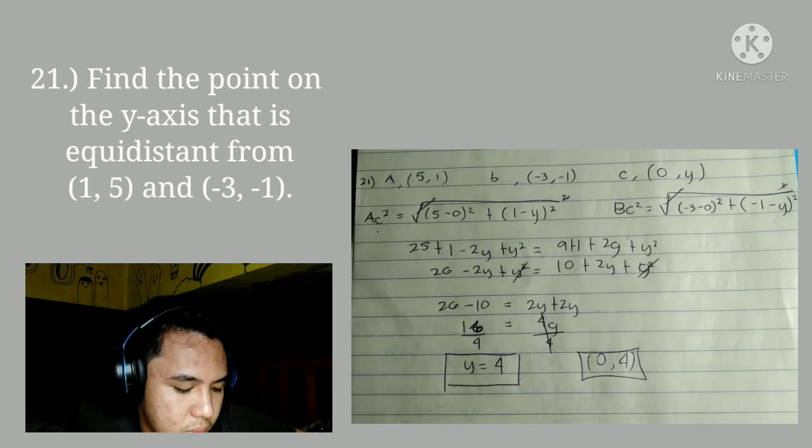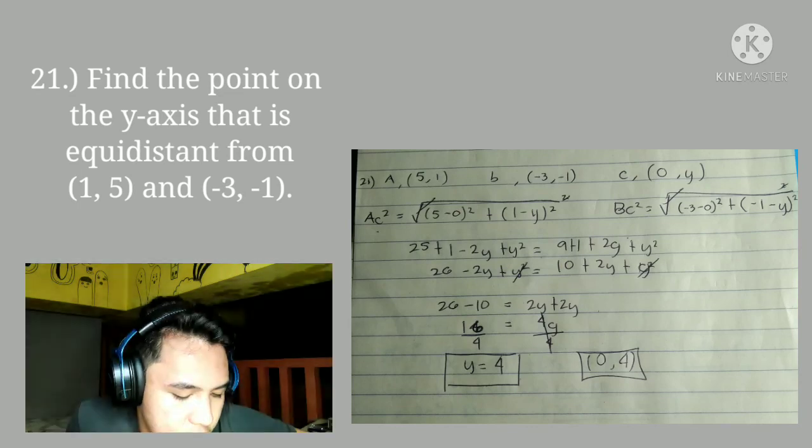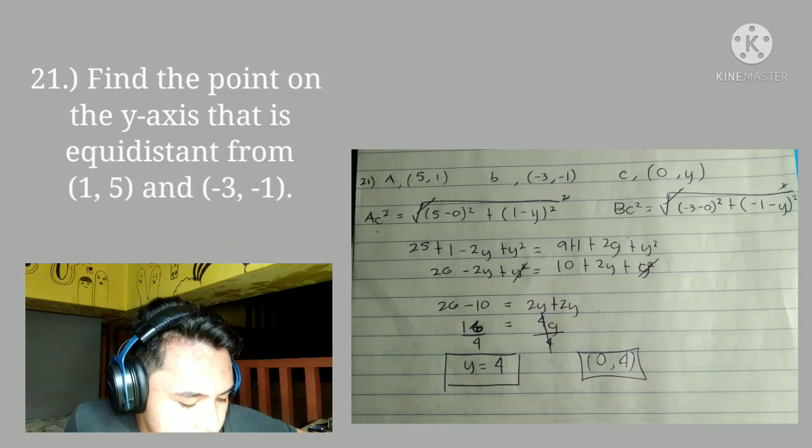Then we can cancel out our y squared, because if we transpose, they will be subtracted. Then we are left with 26 minus 10 and 2y plus 2y, because we transpose our y to one side and our constant to the other side.